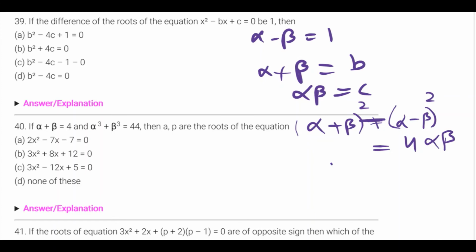That is alpha plus beta is b square minus this is 1 equals to 4 into c. So b square minus 1 equals to 4c, or b square minus 4c equals to 1. So it is option C, b square minus 4c minus 1 equals to 0.